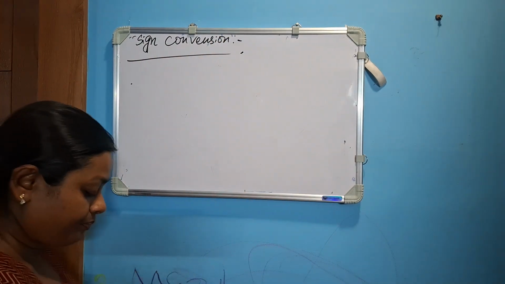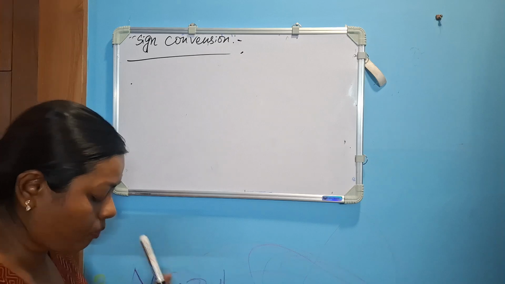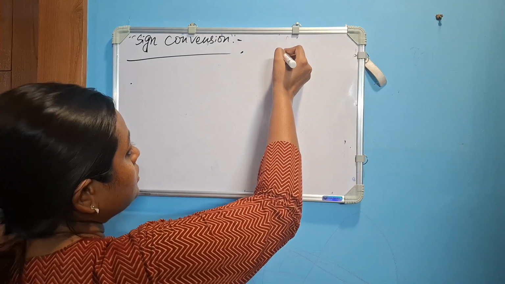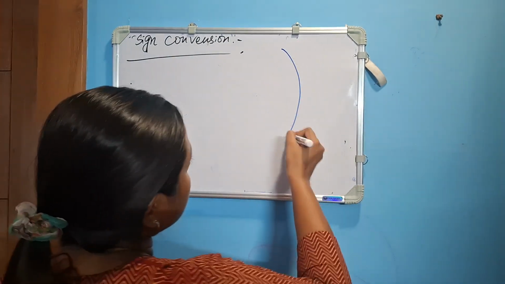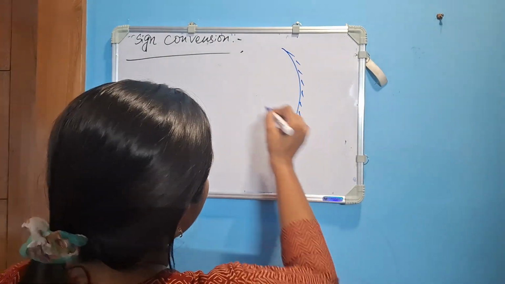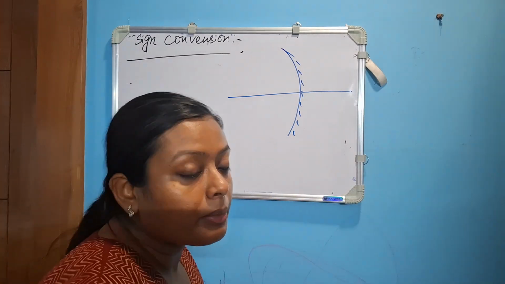For the convex or the concave, for both the cases, we have to remember 2 points.